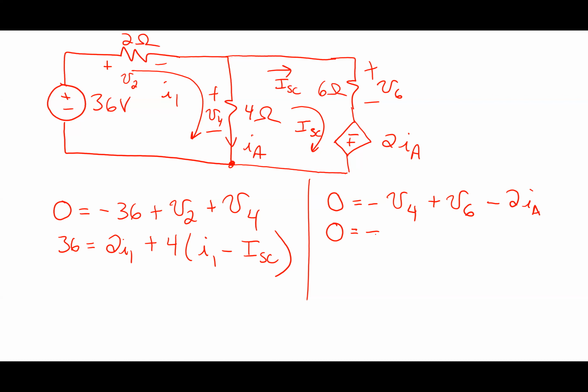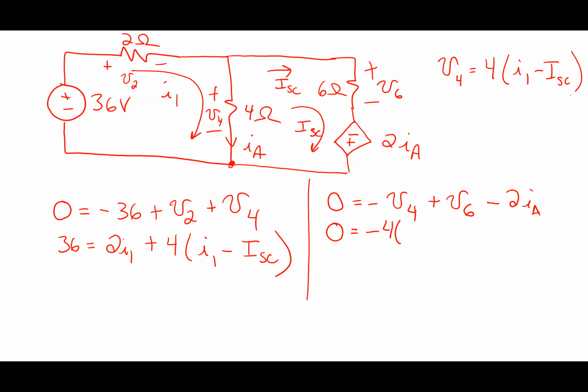So now I want to put that in terms of Ohm's law. So minus 4 times what? Negative I1. This is why I'm doing it this way. So V4 as I've written it there is 4 times I1 minus ISC.